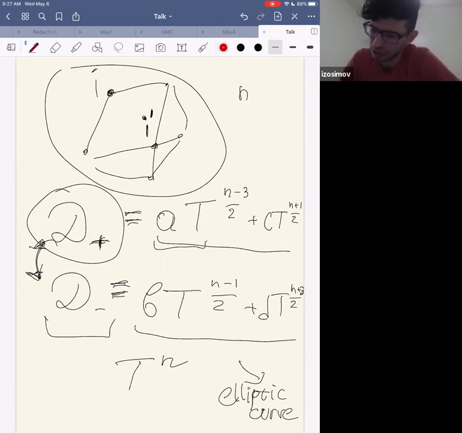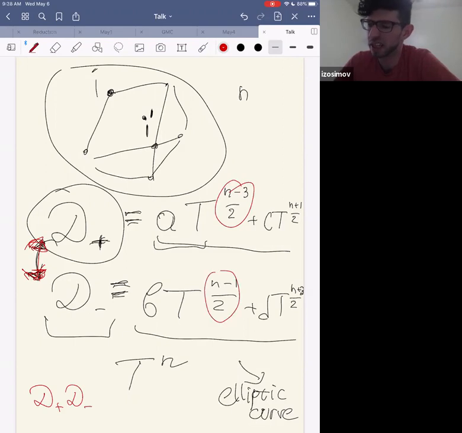Namely, if we look at this form of d plus and d minus, we can notice that if we compose d plus with d minus, these indices add up to n. So we get an operator of order close to n, and then we can multiply it by t to the minus n, and this will be a very simple operator. It's similar to the Lax operator for the Toda lattice.